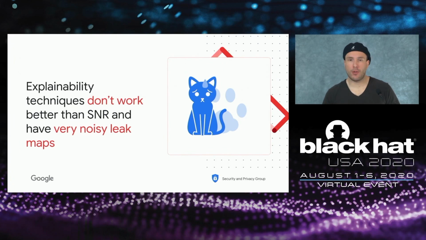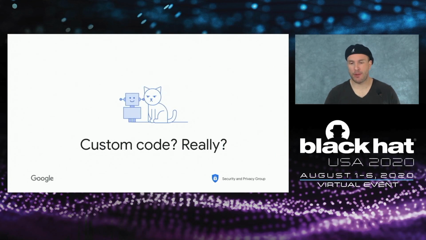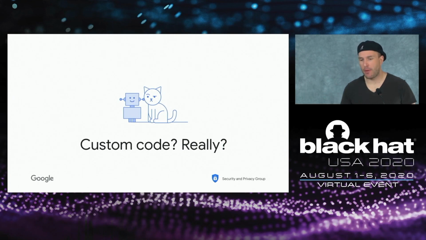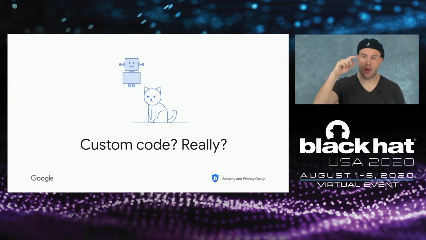So it took us quite a bit of iteration back and forth, and then we decided that we needed to create something a little bit more tailored to what we wanted to do. I know you might be skeptical that we can come up with yet another technique and why it will be better. The reason it might work better is that the machine learning techniques used for explainability usually focus on the highest level features, the upper part of the neural network.